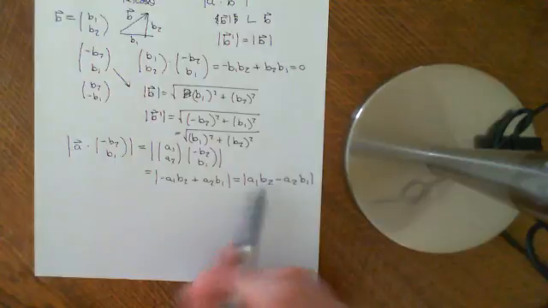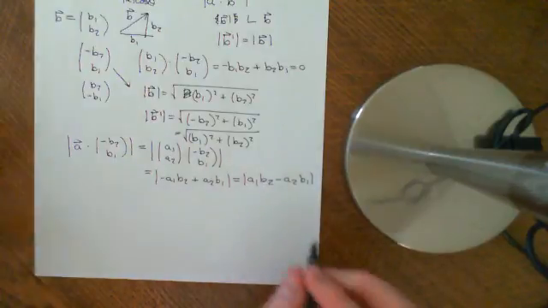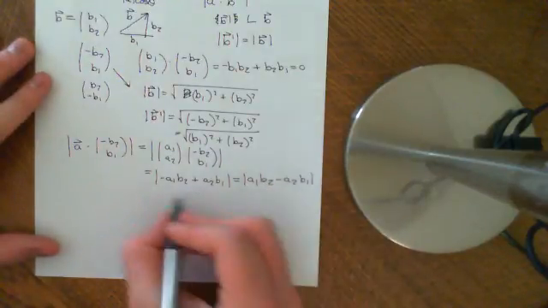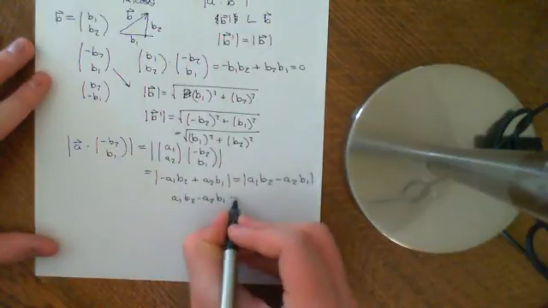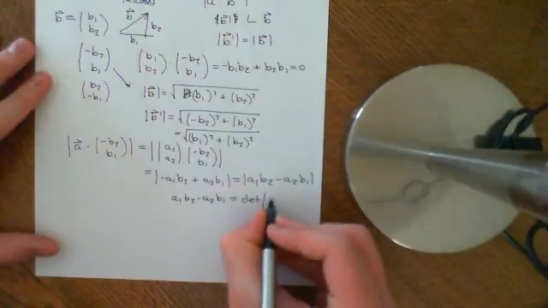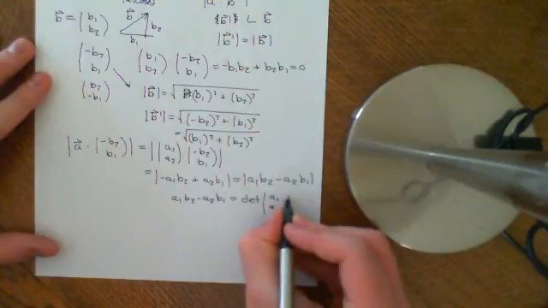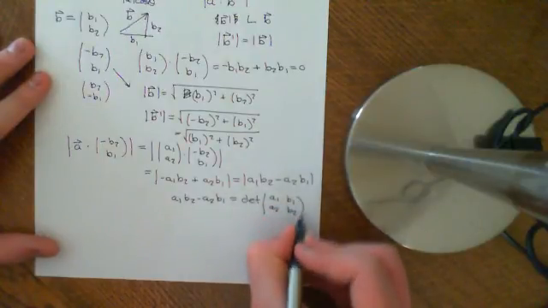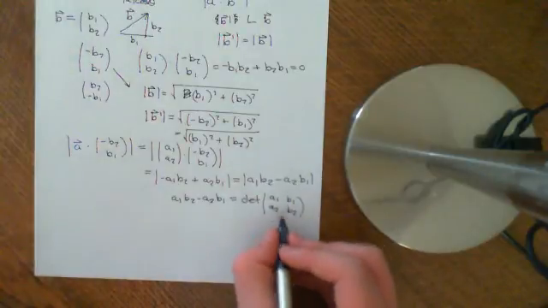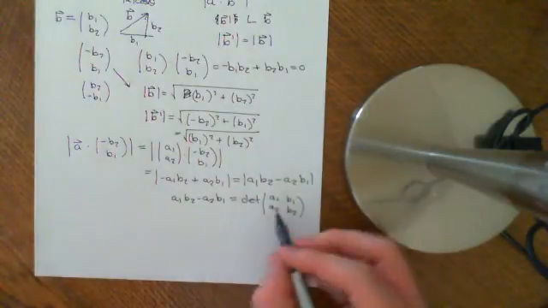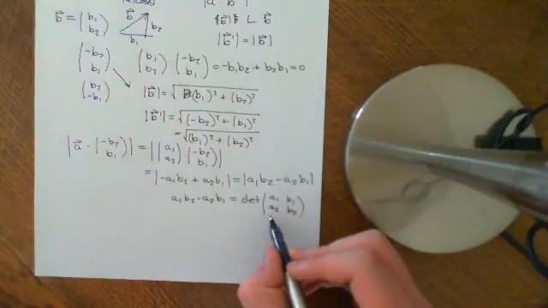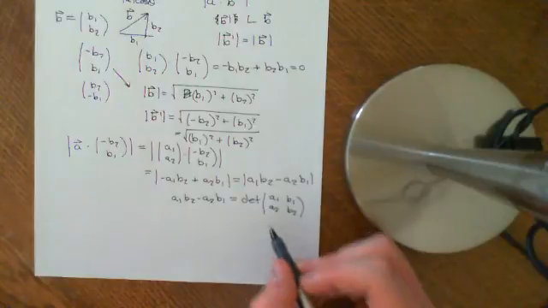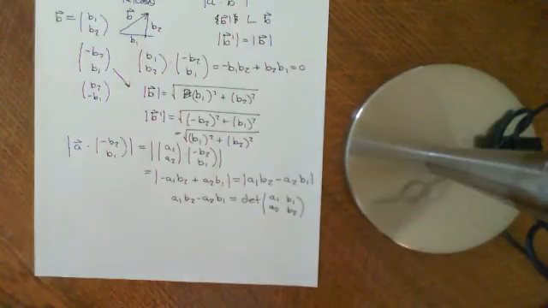And this A1 B2 minus A2 B1 is equal to the determinant of the matrix we had, A1, A2, B1, B2, where we put our vectors in the columns and wrote each component in the corresponding row. So that is the reason that this formula works.